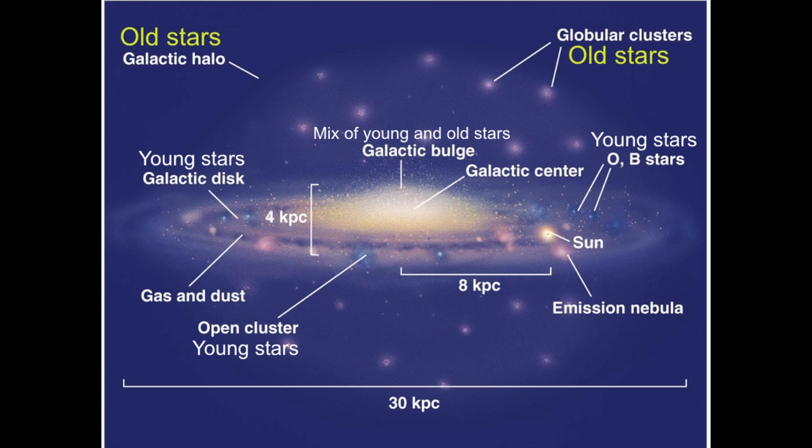The galactic bulge is a mix of old and young, and in the disk you will only find the youngest stars, though there are a lot of old stars too. And the gas and dust is predominantly in the disk. And open clusters are blue and white types of things like the Hyades and the Pleiades, and the double cluster in Perseus. That's what's found in the disk. The globular clusters such as M3 and M13, those are found in the halo.